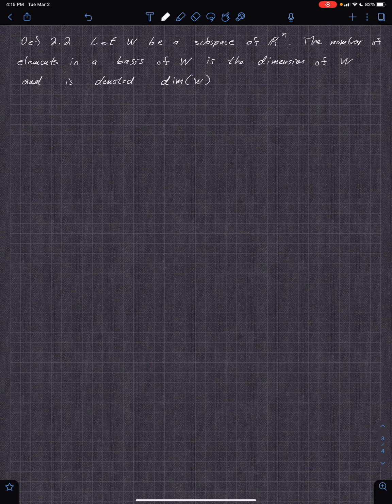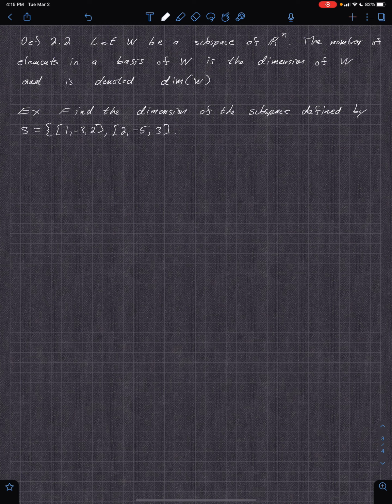Let's take a look at this one. Find the dimension of the subspace defined by S equal to the set of these vectors: 1, -3, 2, 2, -5, 3, and 4, 0, 1.